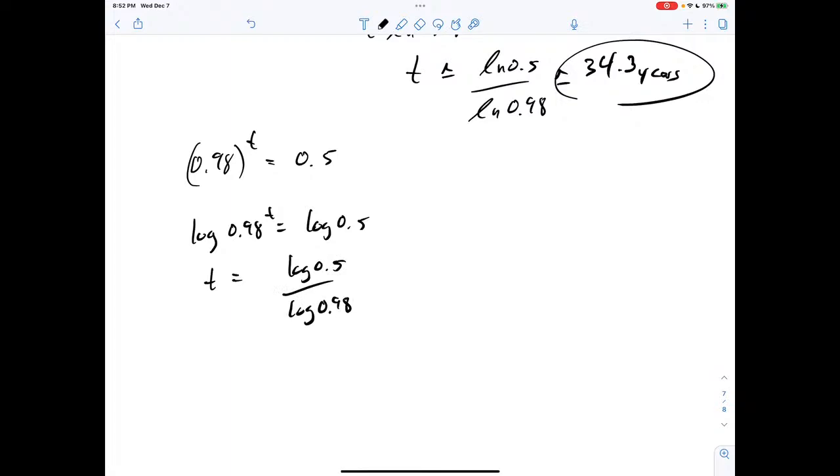And if you put that in your calculator, you'll get the same answer. If I take log of 0.5 divided by log of 0.98, I again get, you can check it out yourself too, 34.31. So same answer as before.